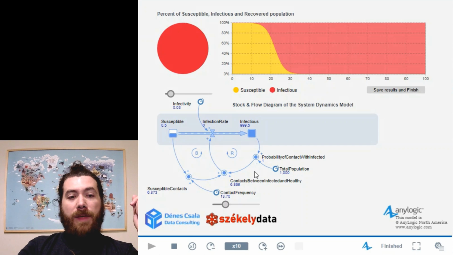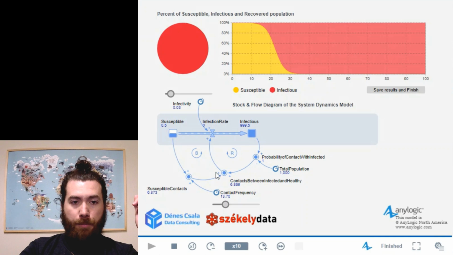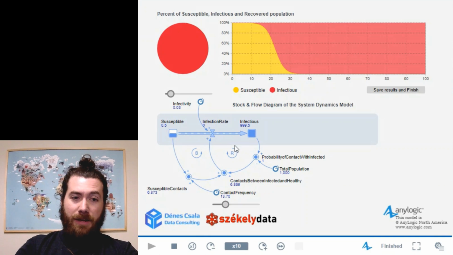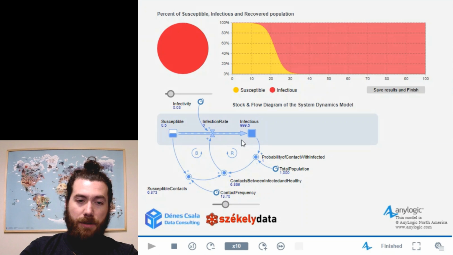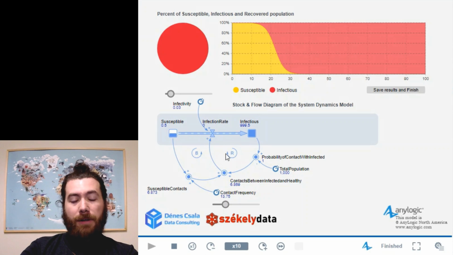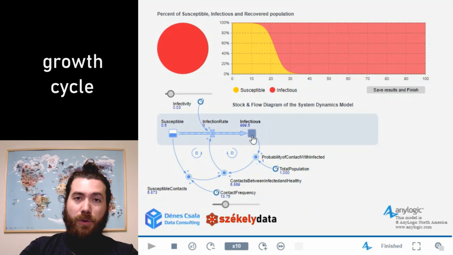So then if you follow this succession of links, if you find all positive links, then that's a reinforcing loop. So this means that this can cause sort of an inherent growth cycle. You can just imagine that if you have a higher infection rate, then of course you will have more infected people.